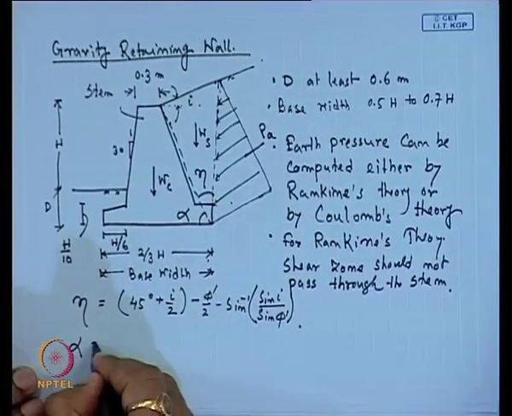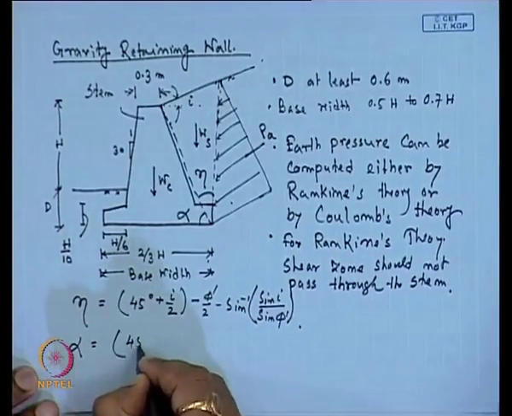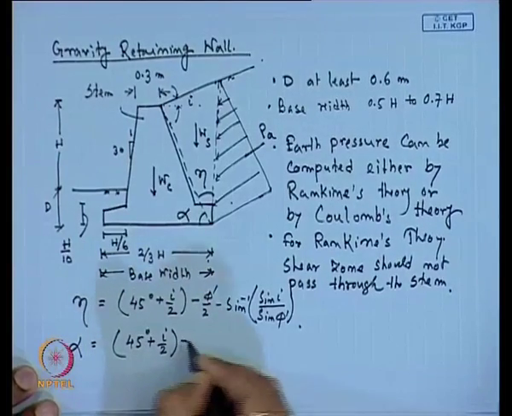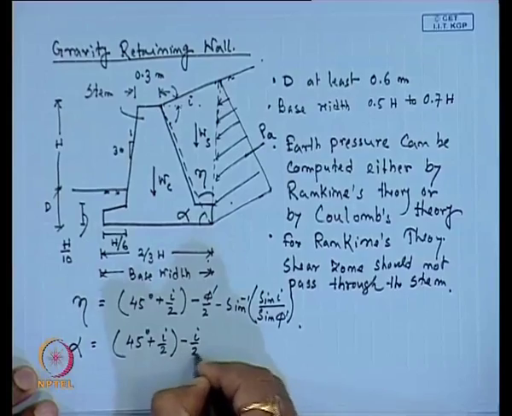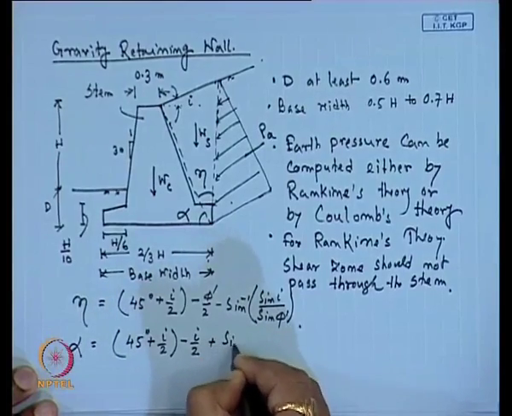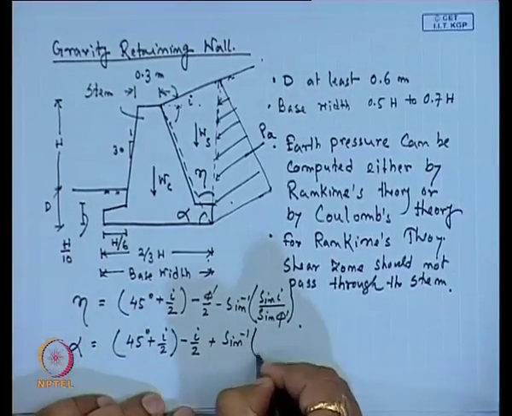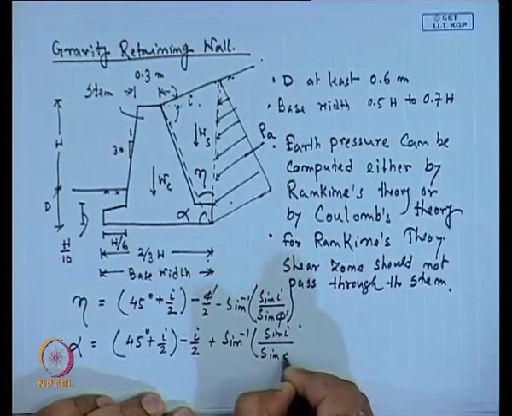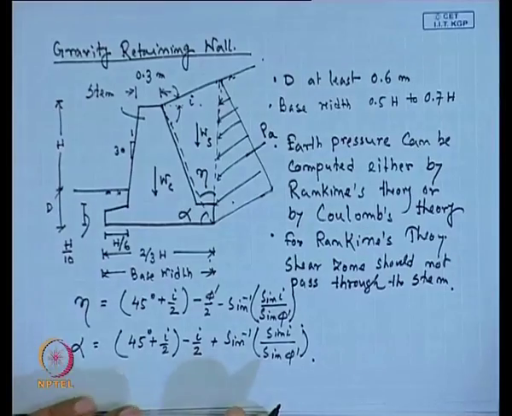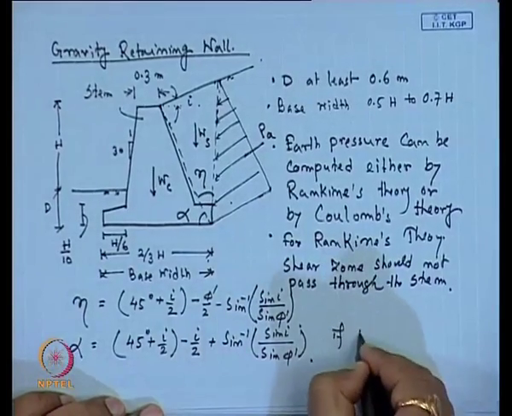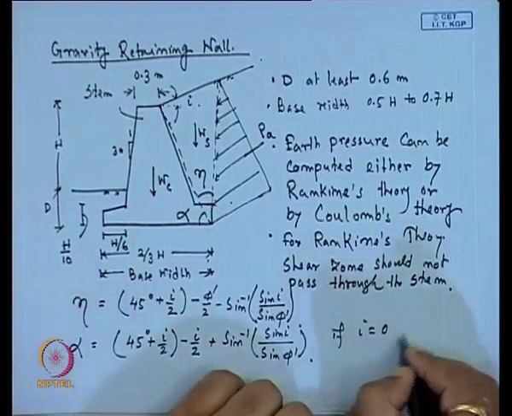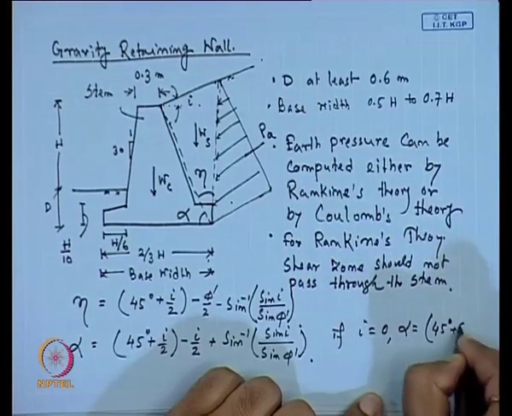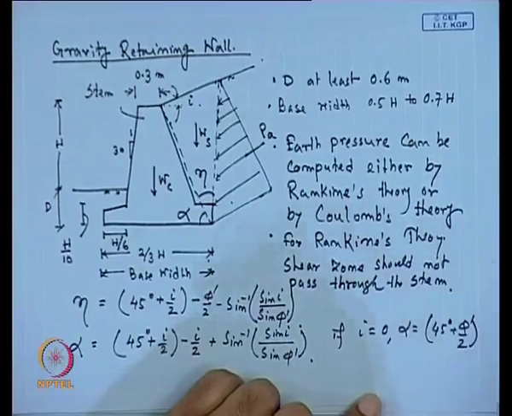Similarly, alpha is equal to 45 degree plus I by 2 minus I by 2 plus sin inverse of sin I divided by sin phi dash. Now, if I is equal to 0, then alpha is equal to 45 degree plus phi dash by 2.